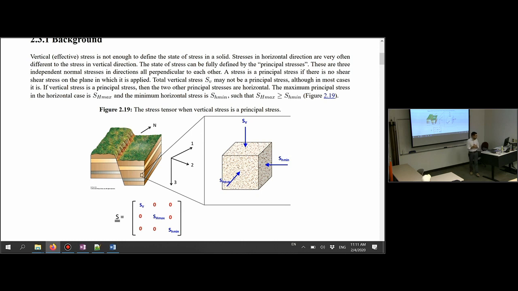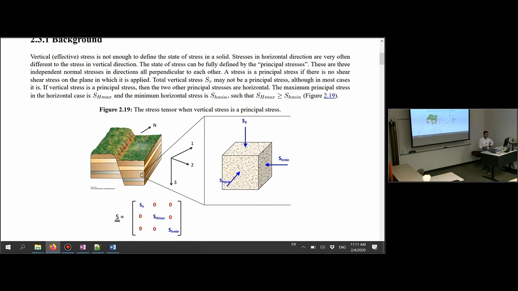And we already talked about vertical stress, but because of the property of the solid maintaining stresses in different directions, there are also going to be stresses which are perpendicular to this vertical stress, which are going to be different in magnitude to the vertical stress in general.